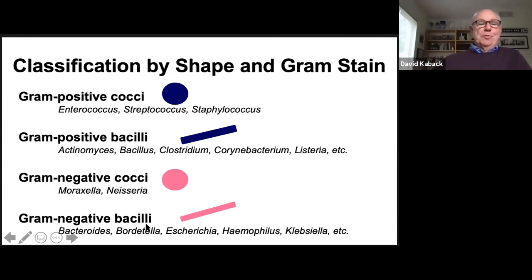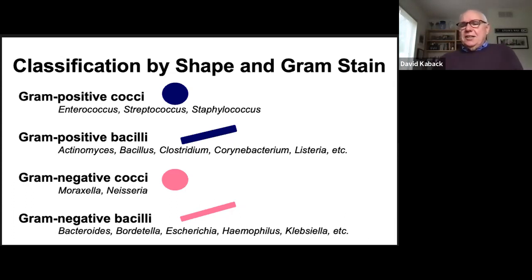Okay, so make sure you remember that these are genera, these are the genuses. That is a good thing to memorize. In addition, when we talk about bacteria, the first thing you'll hear is, well, we took a sample from somebody's lungs and did a gram stain, and we saw gram-negative bacilli in there.